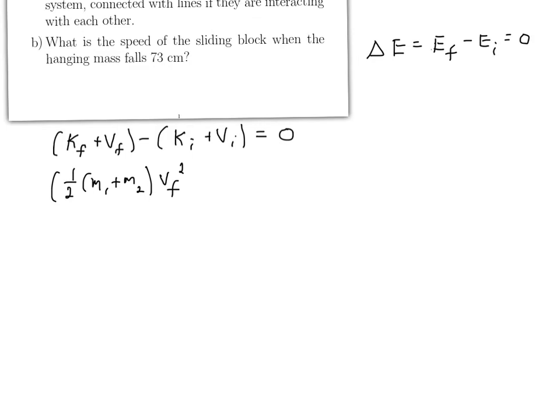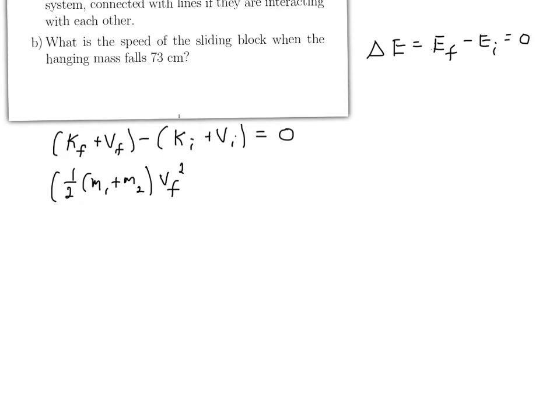That's what the initial kinetic energy is going to look like too, but first we need to deal with what the final potential is going to be. So if you recall, the mass falls 73 centimeters. I can choose where the potential for gravity is going to be 0. I'm going to pick the bottom. So I'm going to say that at the bottom the potential is 0, at the top the potential is mg times that height.